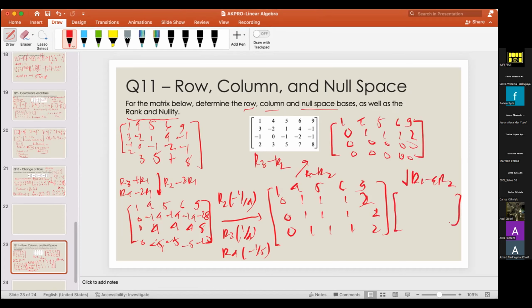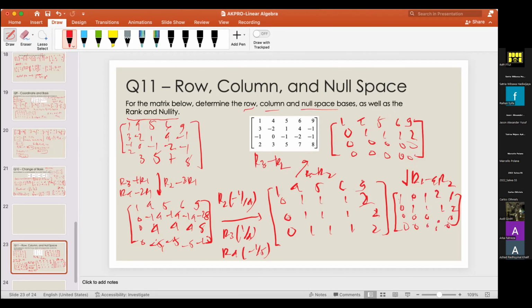And what we're going to get is 1, 0, 0, 0, 0, 1, 0, 0. R1 minus 4 R2. That's 5 minus 4. This is 1. 6 minus 4. That's 2. 9 minus 8. That's 1. So this is 0, 0, 0, 0, 0, 0.